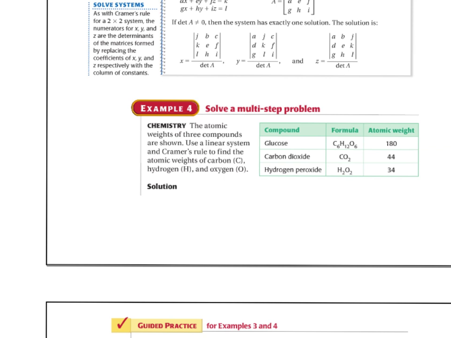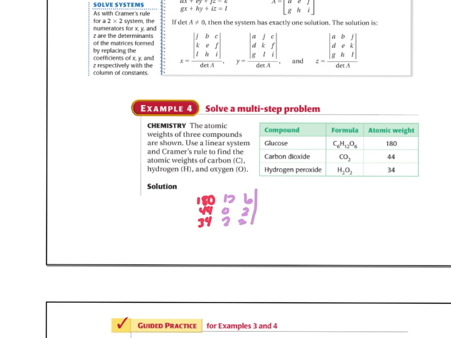So my first column for X gets replaced with the constants from my 3 equations, so my first column will be 180, 44, and 34. Then our Y column stays the same: 12, 0, and 2. And our Z column, which is our oxygens, is 6, 2, and 2.